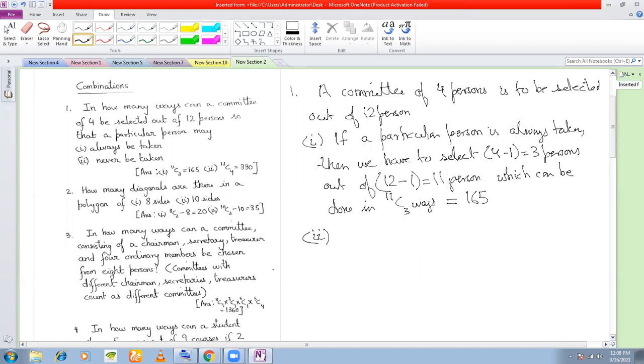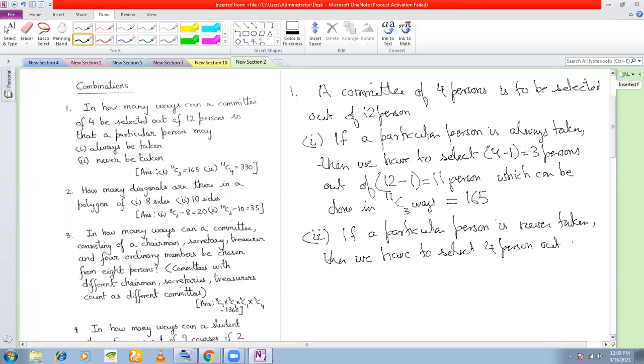Question number 2. A particular person is never taken. If a particular person is never taken, then what do we have to do? We have to select how many people? 4 persons. Out of how many? 11. Yes, because we remove that person from the group of 12 persons, because we don't want to select that person.